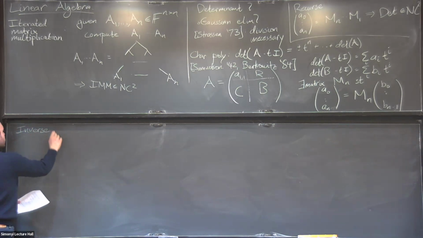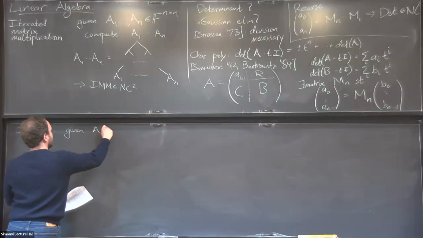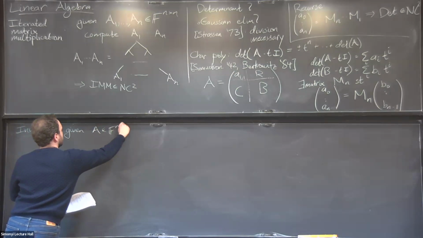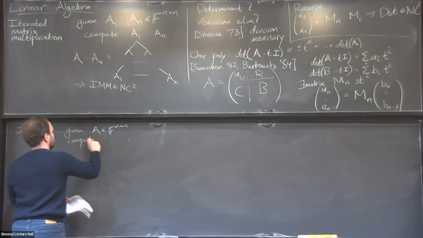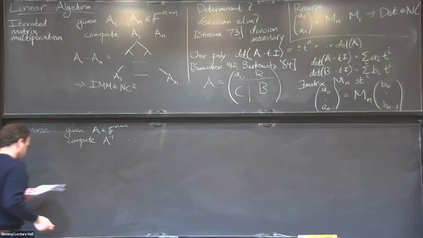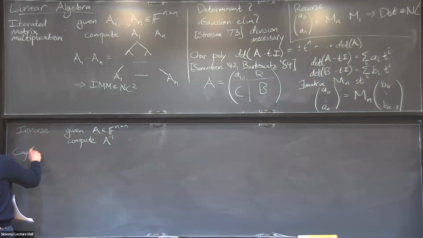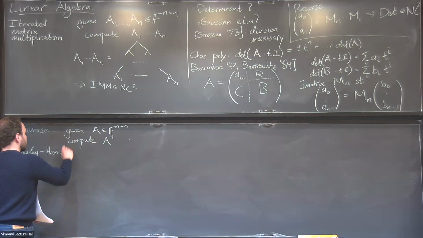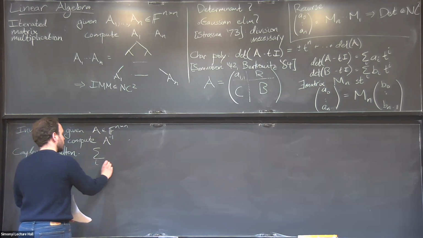All right, so for inverse, we're given A, we want to compute A inverse. So keeping the notation for the characteristic polynomial, we're just going to use everyone's favorite theorem from linear algebra, the Cayley-Hamilton theorem, which says that A satisfies its own characteristic polynomial.